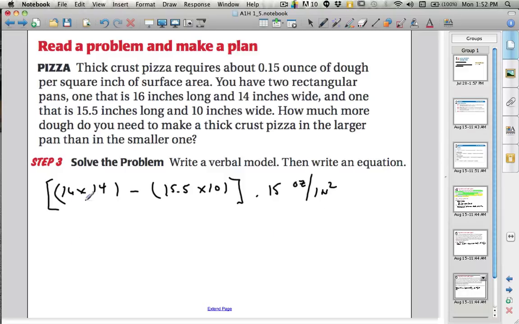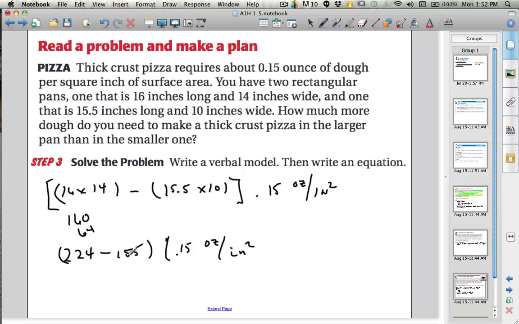Okay, so 16 times 14. That's going to be 160. It's 10 times 16 is 160 plus 4 times 16 is 64. So this total is 224 minus 155, all times 0.15 ounces per square inch.